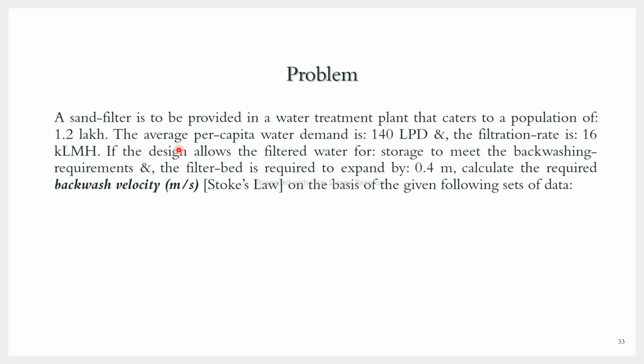Now if the design allows the filtered water for storage to meet the backwashing requirements and the filter bed is required to expand by 0.4 meter, then you have to calculate the required backwash velocity in meters per second on the basis of the following set of data.